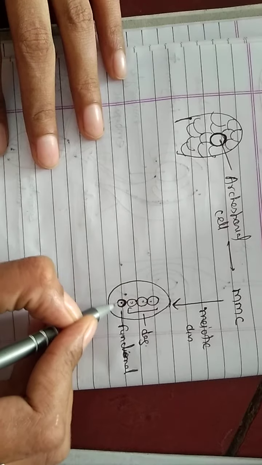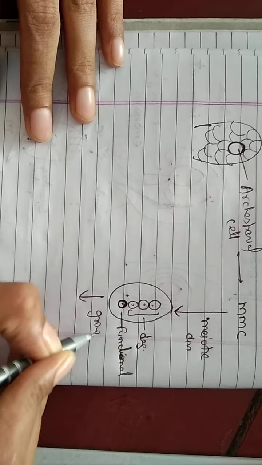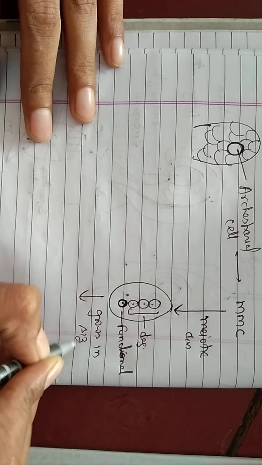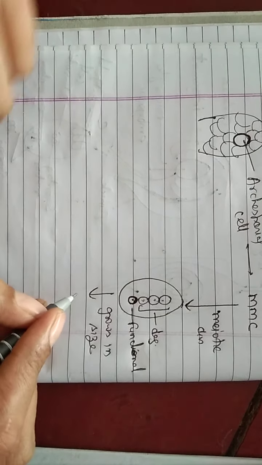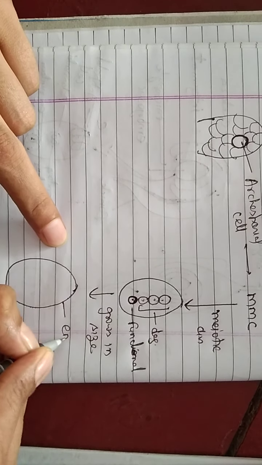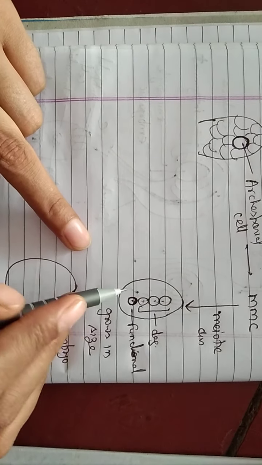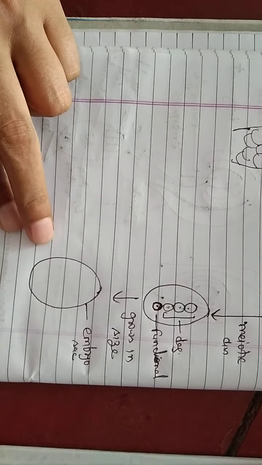Now this functional megaspore grows in size and forms the embryo sac. It is the lower functional megaspore that forms the embryo sac.